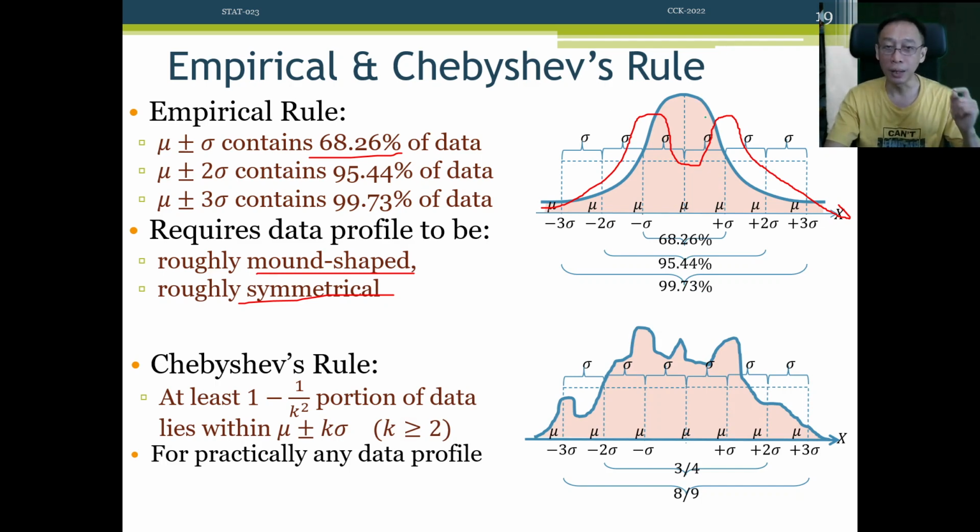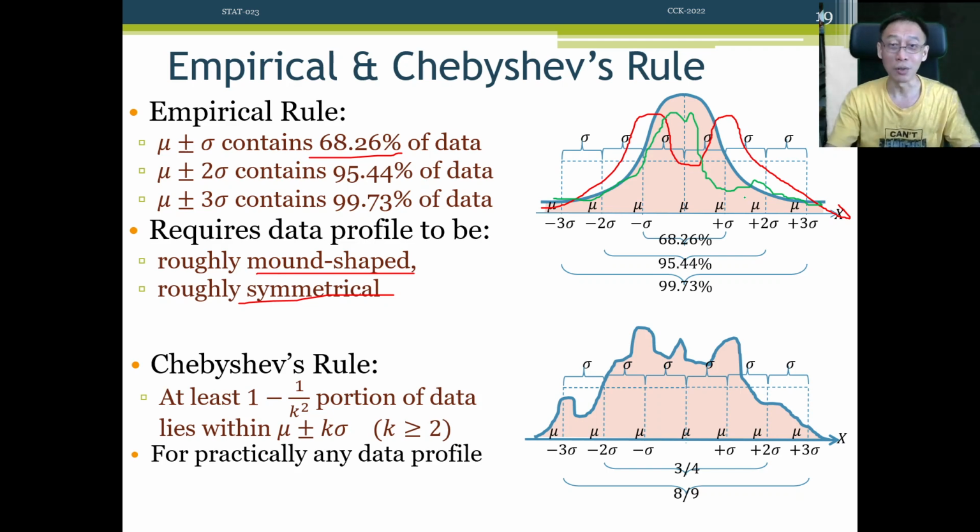You can also have roughly mound shape but not roughly symmetrical. So it's quite mound shaped here, quite a lump here in the middle, but not symmetrical because the right has a bit more lumps and more meat, more area than the left.